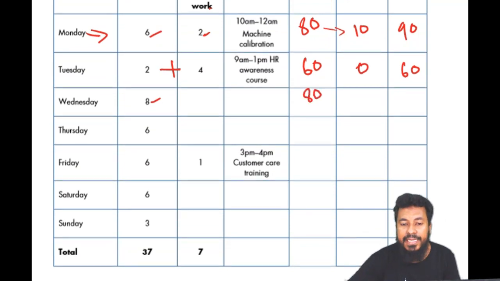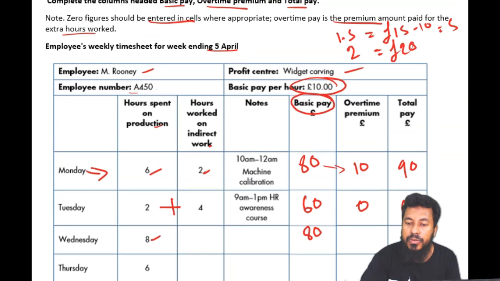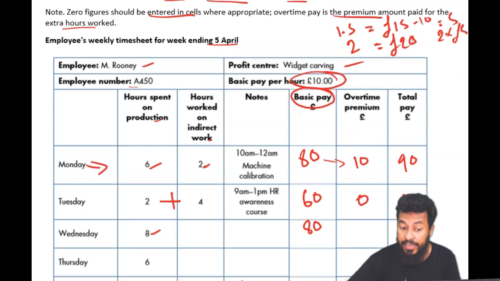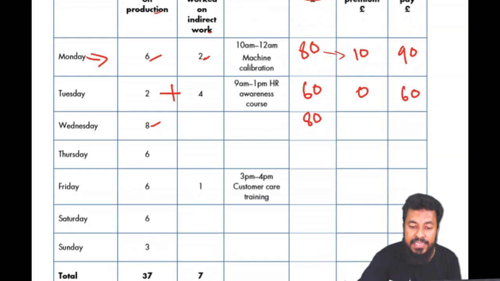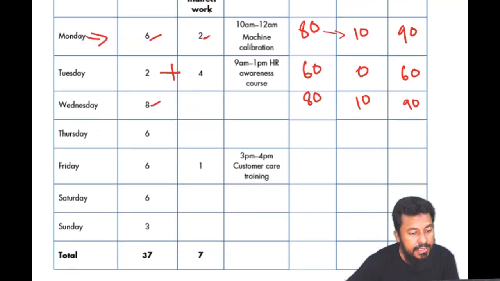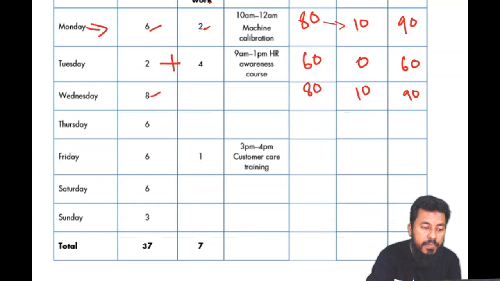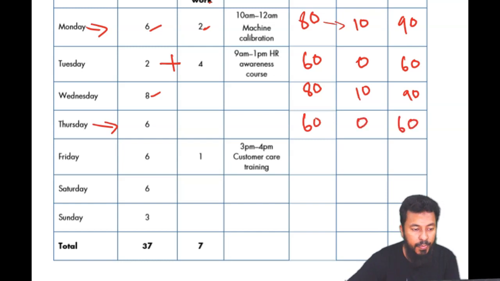And 2 hours worked extra, 2 times 5, because 5 is the premium, time and a half. That's 10, just like Monday, so 90. Then on Thursday, 6 hours worked, no extra hours. 6 times 10 is 60, no premium, and 60 is the total.